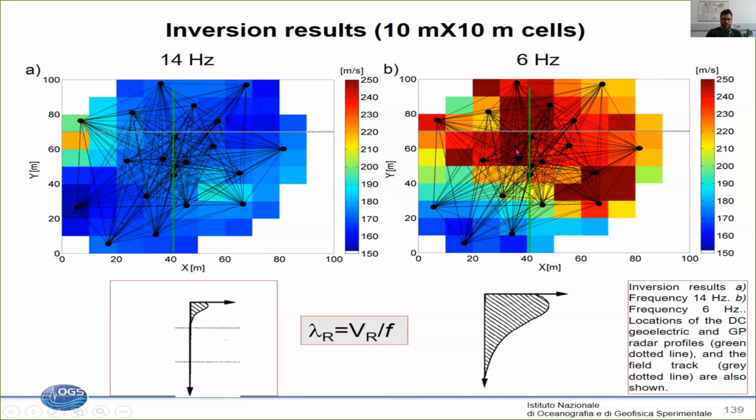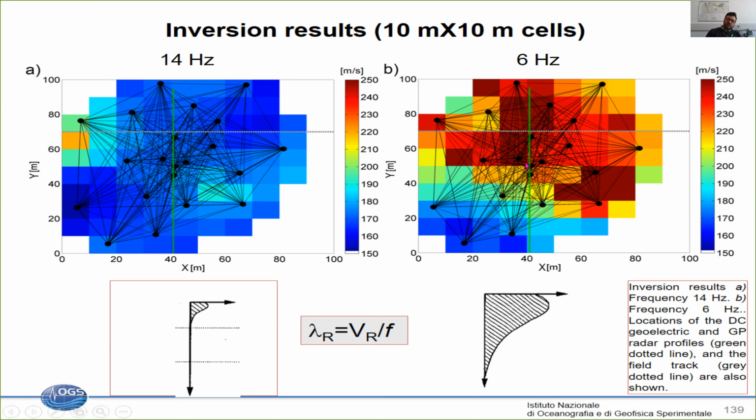If I use a lower frequency, which is going deeper, I start seeing some differences. So the southwest part is showing lower velocity, while the velocity is increasing in the northeast part.